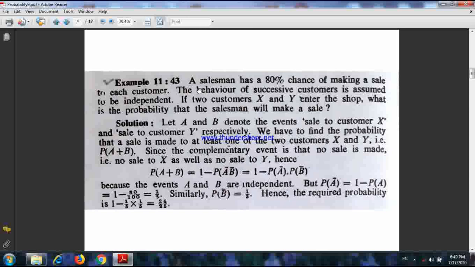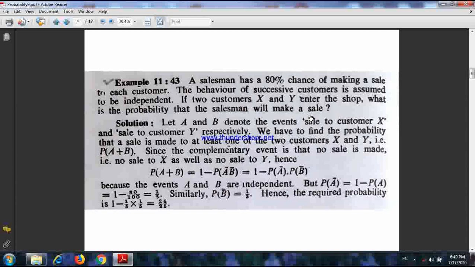See this example. A salesman has an 80% chance of making a sale to each customer. The behavior of successive customers is assumed to be independent. So this is one piece of information: the behavior of successive customers is independent. Now if two customers X and Y enter the shop, what is the probability that the salesman will make a sale? When will the salesman make a sale?